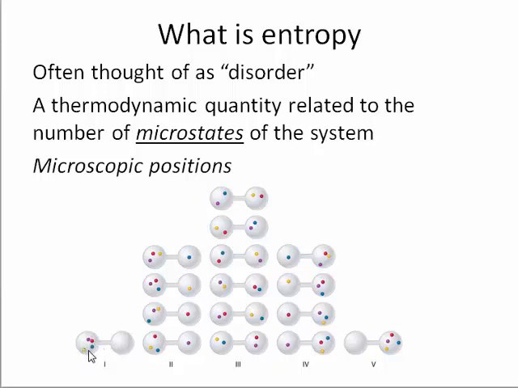Here, for example, is a quote-unquote microstate where all 4 balls are on the left. Here's another where all 4 balls are on the right. These are both possibilities in a situation in which you have 4 particles occupying 2 globes.